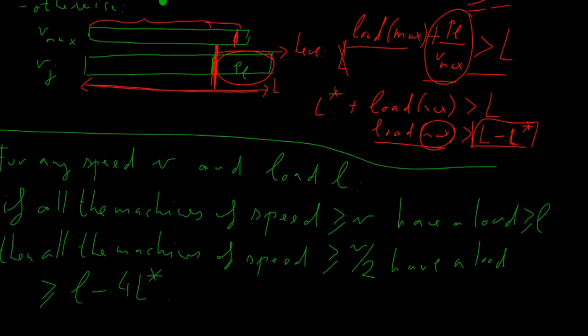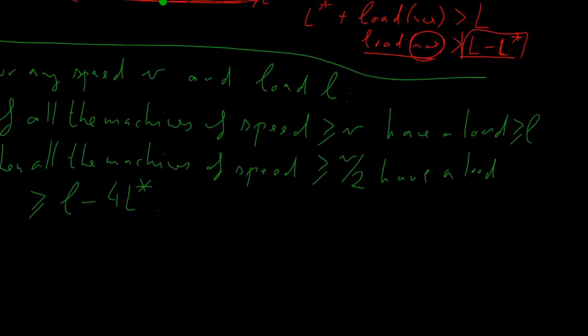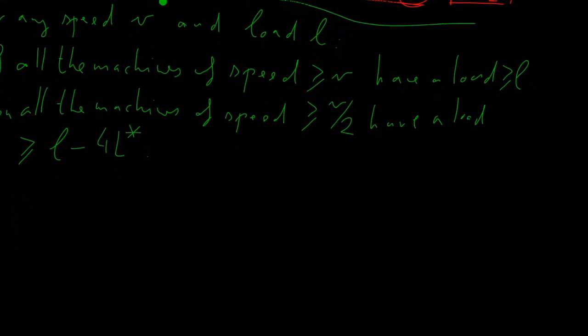Right? So this basically says that if fast machines have a large load, then the a bit slower machines will have an almost as large load. Formally, it's just this one.